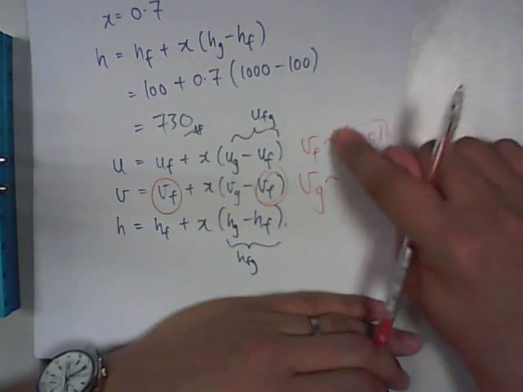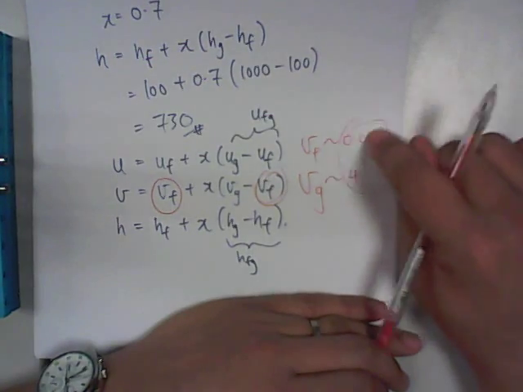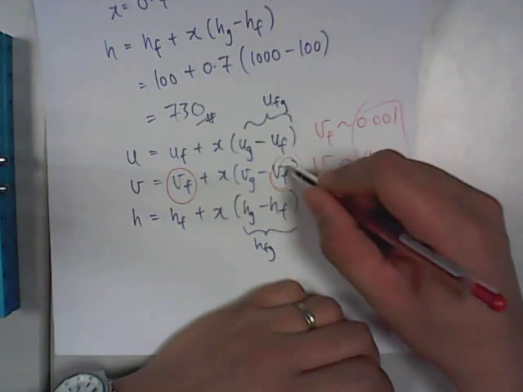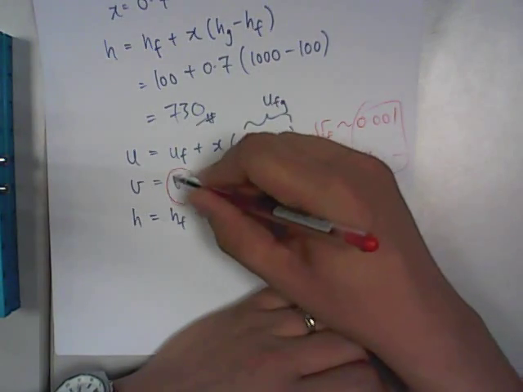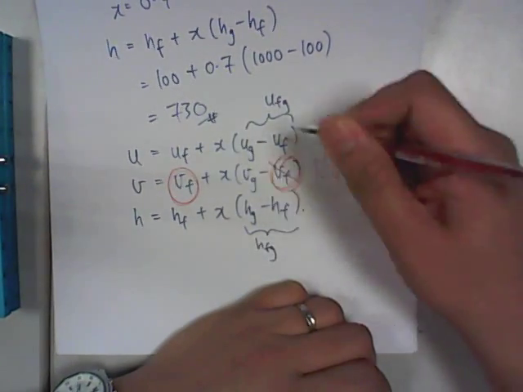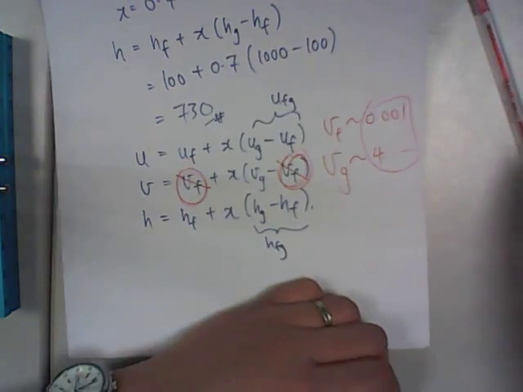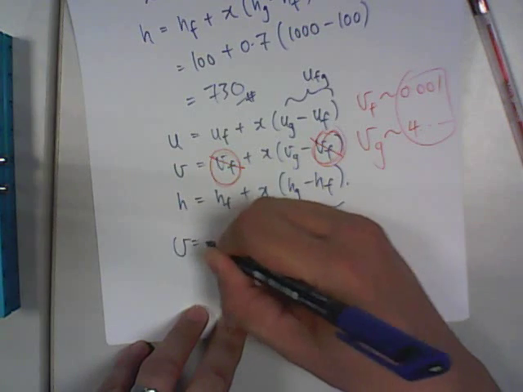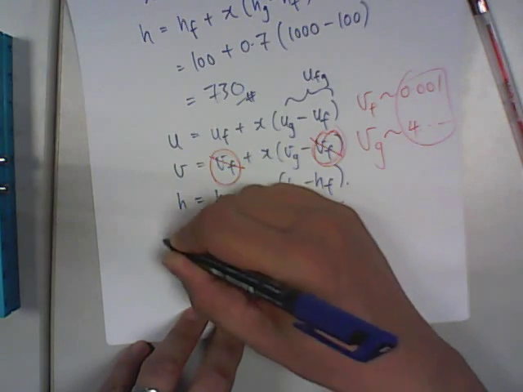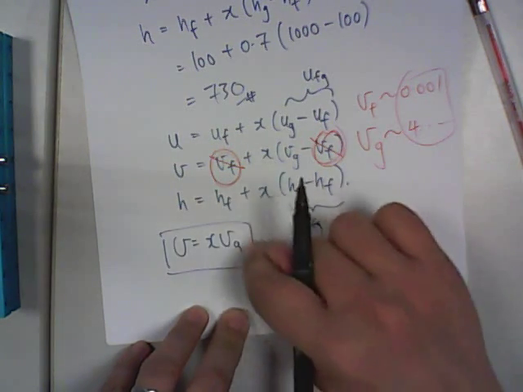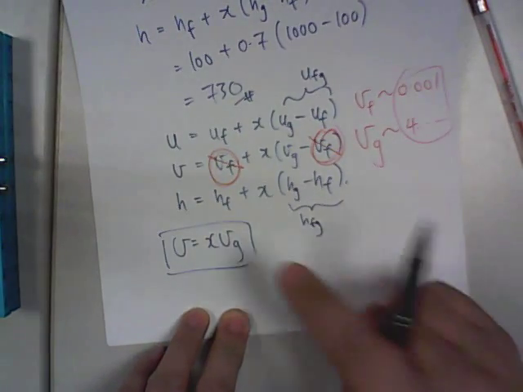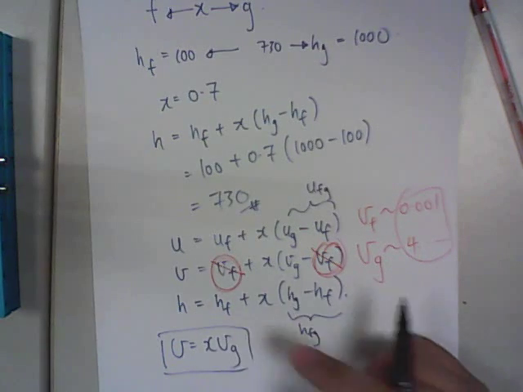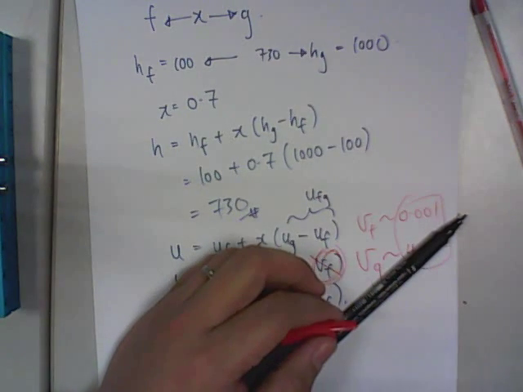If the difference is so big, it means that this one is very small and can be considered to be 0. So if we neglect this term as negligible, you can literally cancel it out, and what will remain is what's written in the textbook or the lecture notes: v equals x vg. This is how this equation is derived. You can still use this to find your specific volume in the same way.